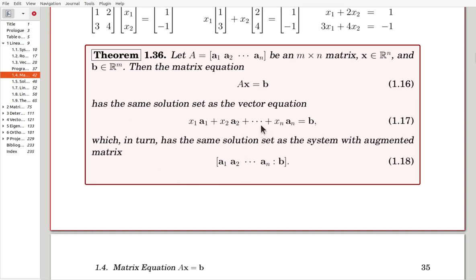When we try to solve this vector equation, we may start with the augmented matrix, or we may start with this matrix, and the solutions from each one must eventually be the same.